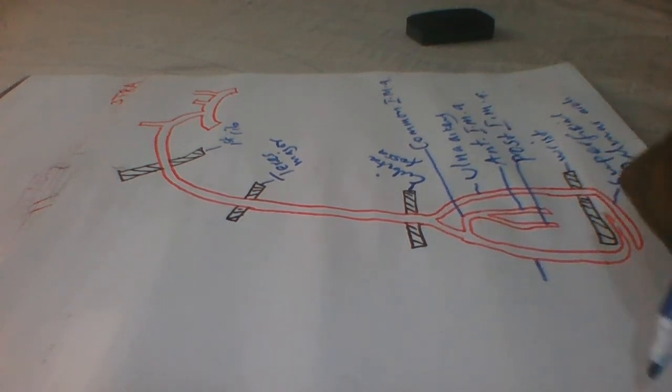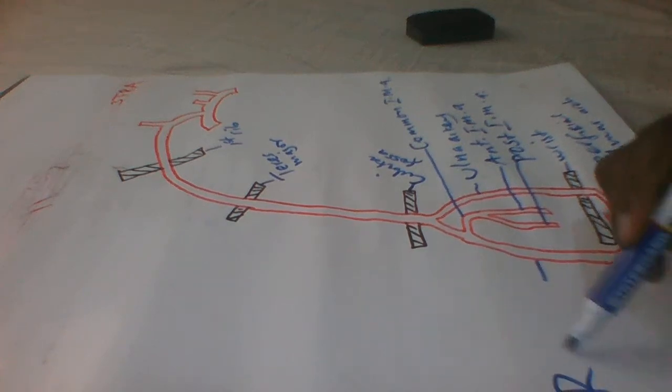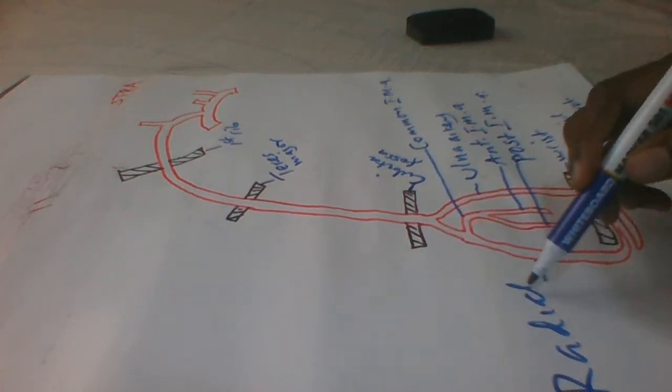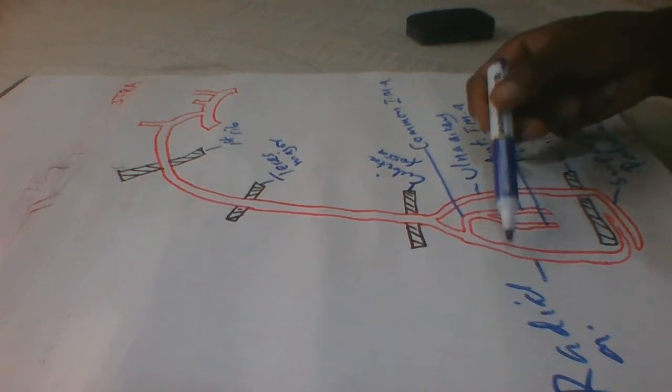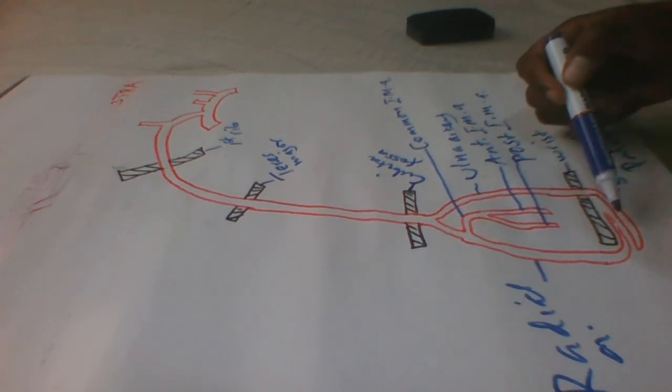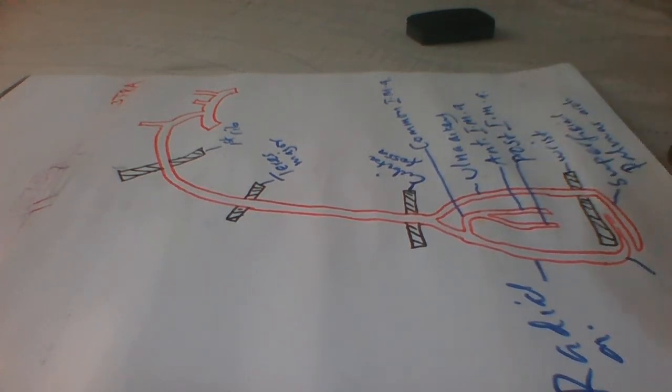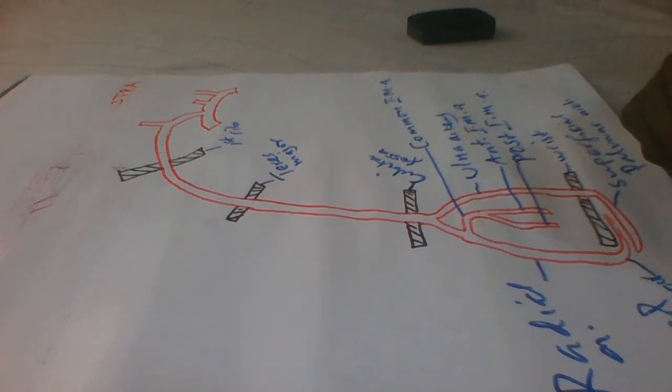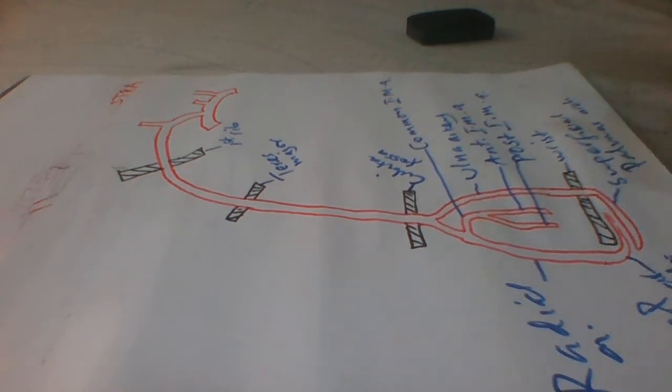So this lateral one will become what we call the radial artery. It continues down here after the wrist to form what we call the deep palmar arch. The deep palmar arch will supply the deep muscles down there.